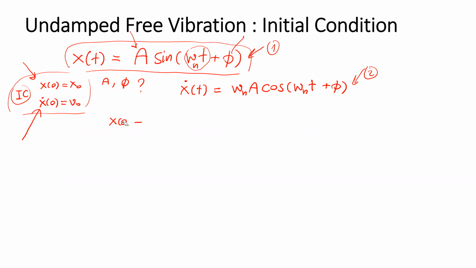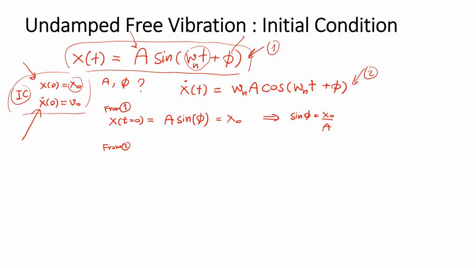I should say x when time t equals 0 from the first equation. x when time t equals 0 will be A sine phi, and A sine phi needs to equal x0. So we can write sine phi equal to x0 per A. Leave it here. How about from equation 2?